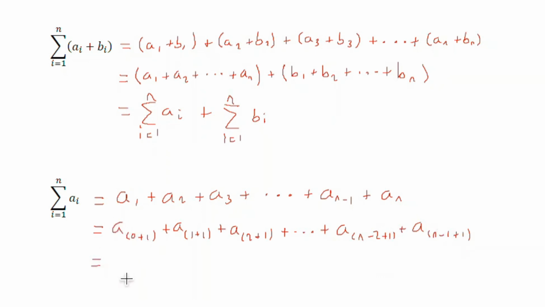But this is the sum of a(i plus 1) starting with i equals 0 and going up to n minus 1. Now that was not immediately obvious.